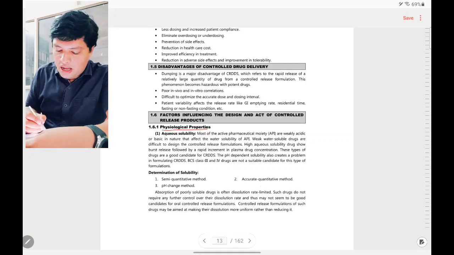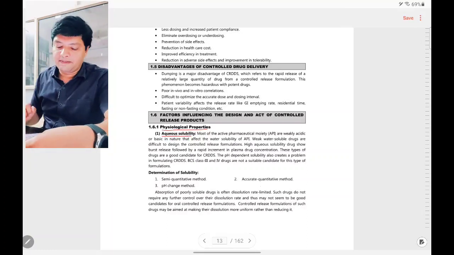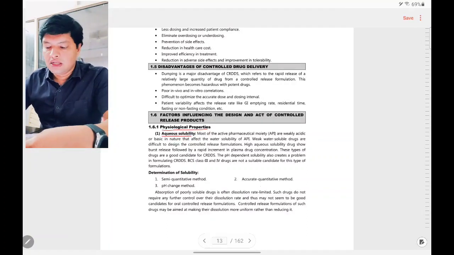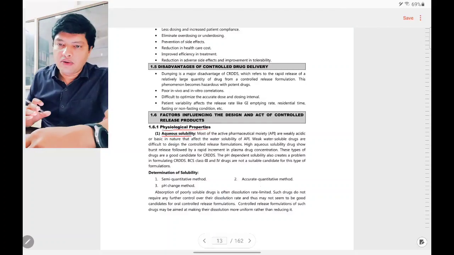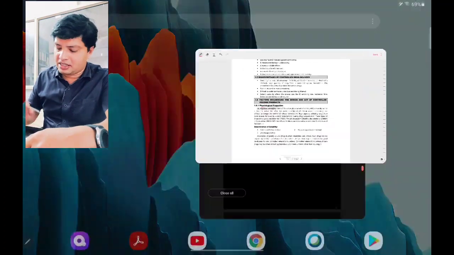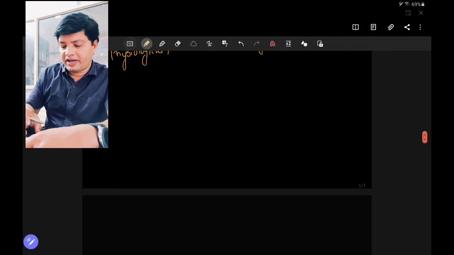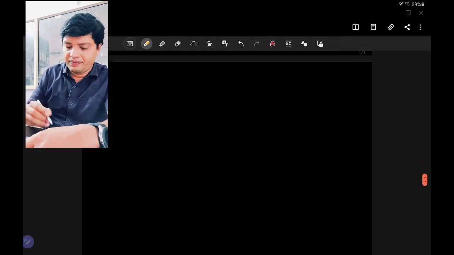So we have here aqueous solubility of the drug. What the main thing we need to remember here is, before starting these factors affecting, I need to give one statement.